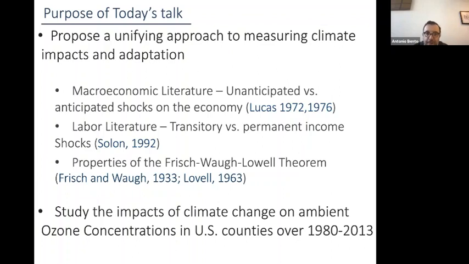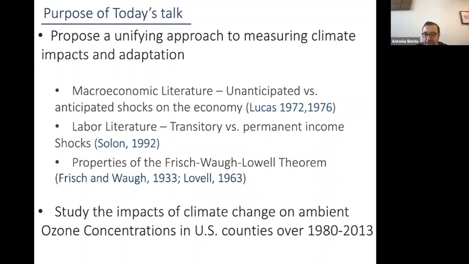And so the goal here is to measure in a single equation both the unexpected climate shocks as well as the long-term trends. And we are going to do that by building on two old and rather well-established literatures.